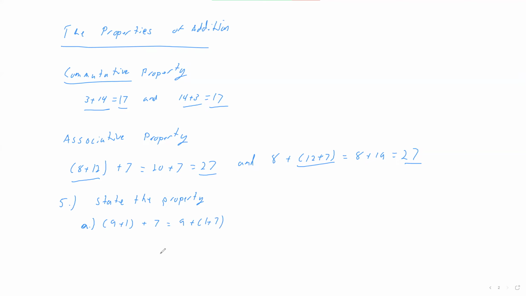You have to realize it's like a game in the magazine where you have one side over here, one side over here. Can you tell me what the difference is? And hopefully you're saying, well, the parentheses are around different groups of numbers. This was around 9 and 1. This is now around 1 and 7. So if you identify that, the answer here would be associative.